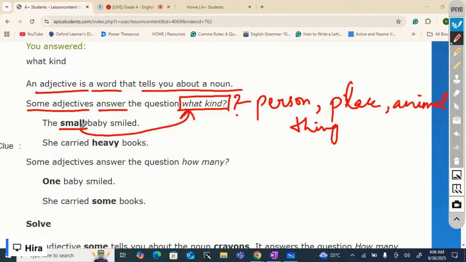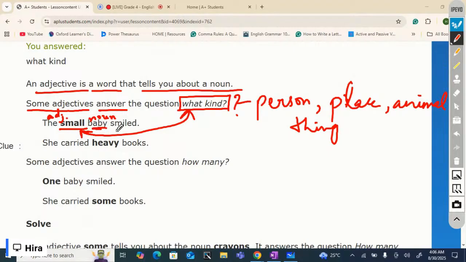Now, it is answering the question, what kind? What kind of baby? But the word baby is a noun. And the word small is an adjective which tells you about this noun. What kind of baby? Baby is the name of a person. So, what kind of baby? Small.